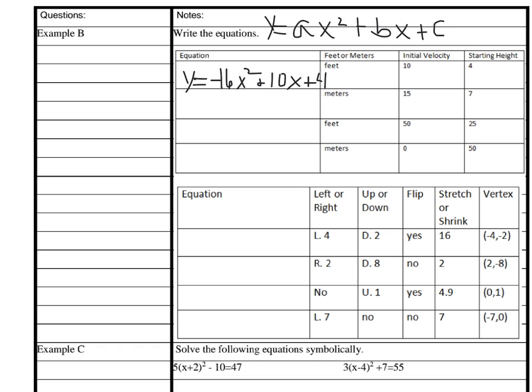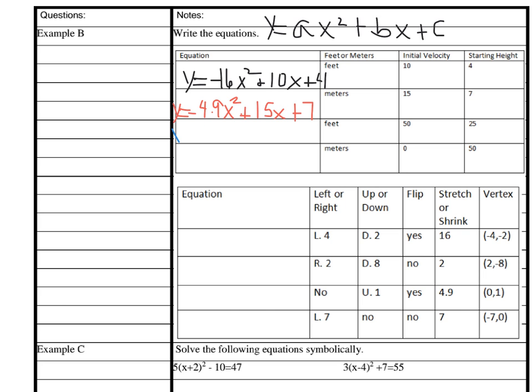Alright, next one, meters tells us negative 4.9, so y equals negative 4.9x squared, initial velocity of 15, so plus 15x, and starting height of 7, so plus 7.